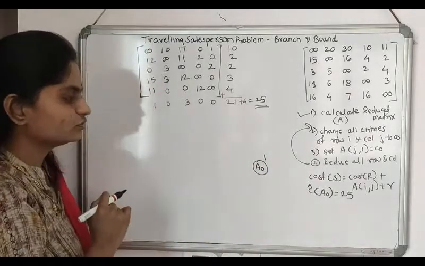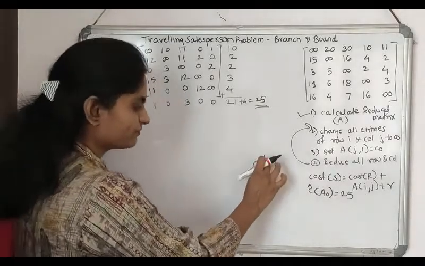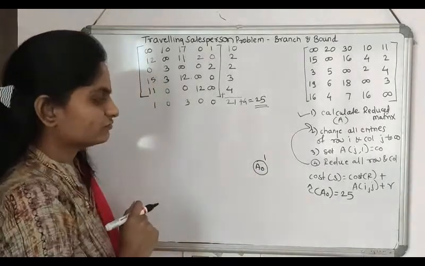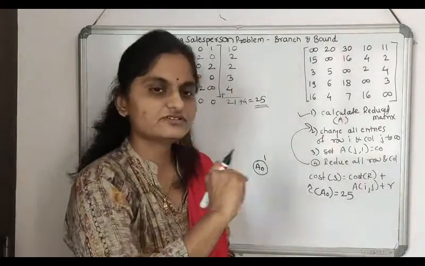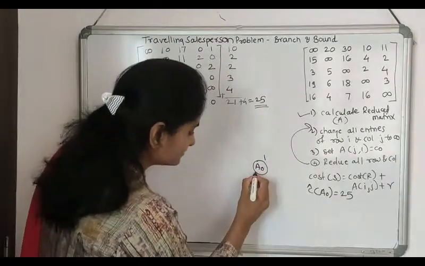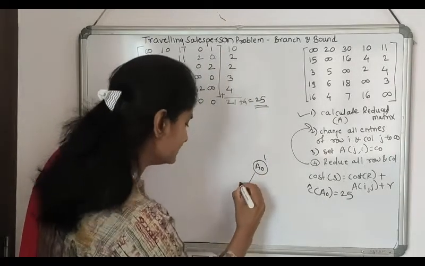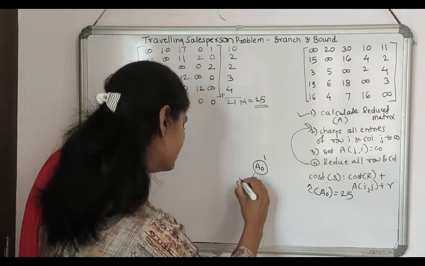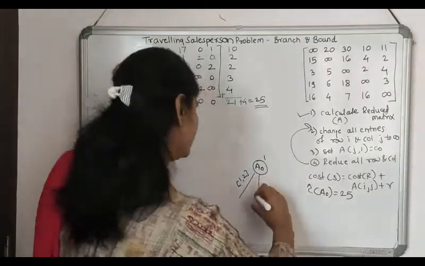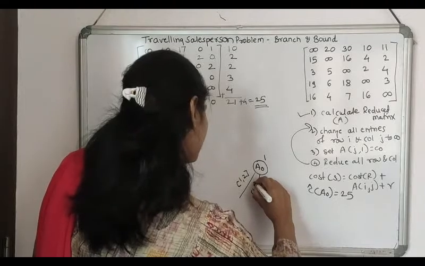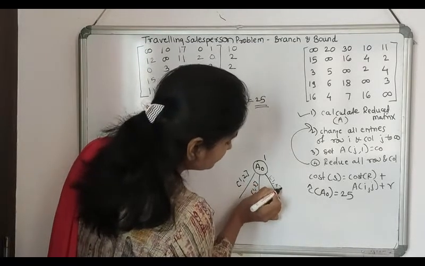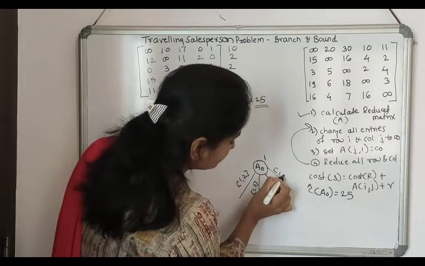The first node, the first node is 1. Then what are the paths from this first node or first vertex? The path is what? Here is 2, mention here the path 1 to 2. Another path is what? 1 to 3. Another path is what? 1 to 4. Another path is what? 1 to 5.